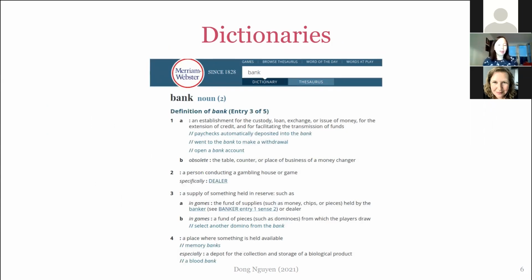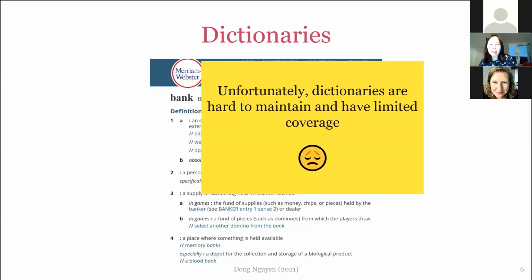So the first question is, how do we actually represent the meaning of words in our computational system? Some of you might think, perhaps we can use a dictionary for this, right? There are many dictionaries around. They are manually curated, and tend to be very high quality. But the drawback is that dictionaries are quite hard to maintain.